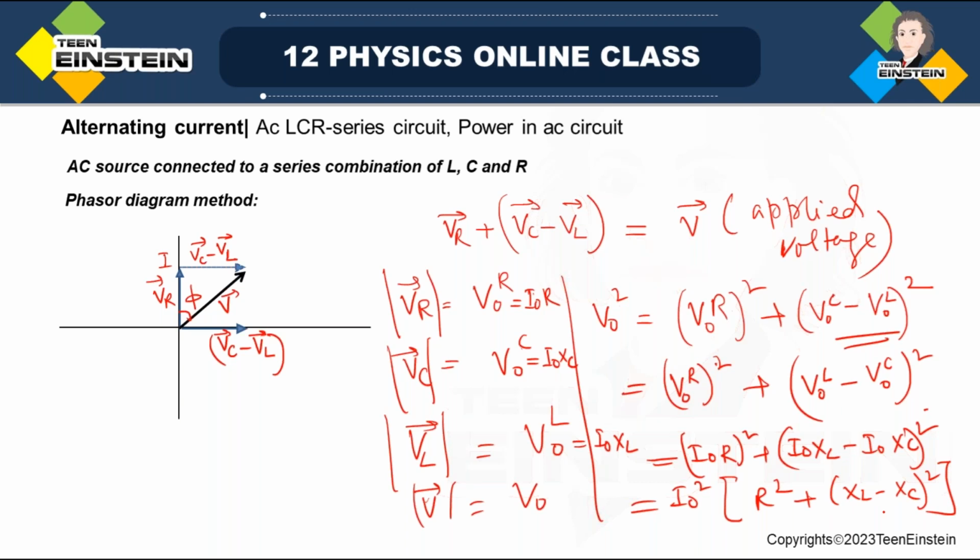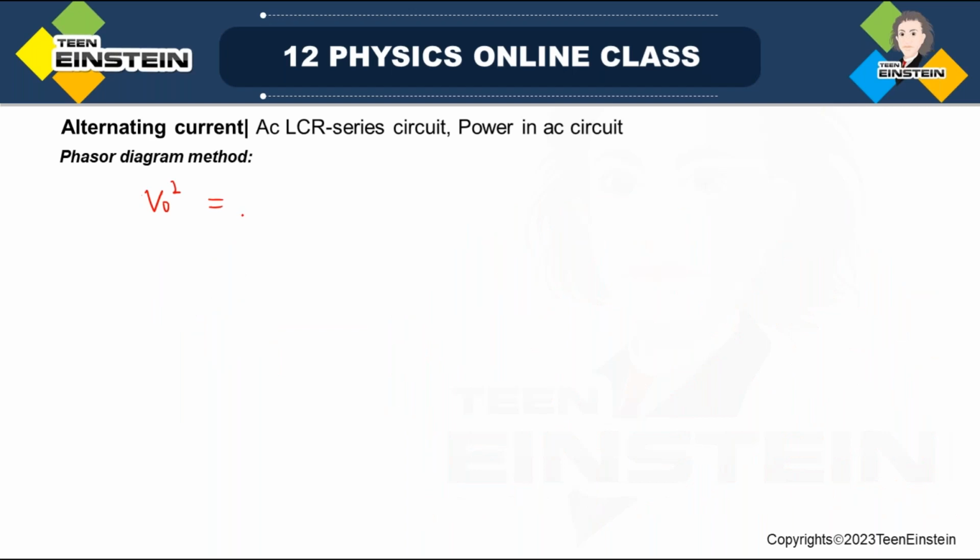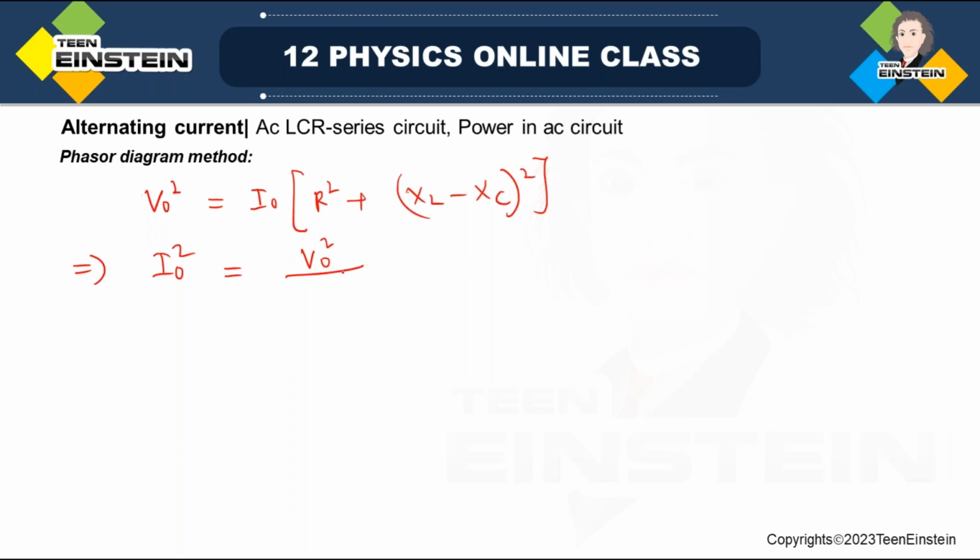So see what we get. V0 square, I'll write once again what we have got. So from here I can get I0 square is equal to V0 square divided by R square plus XL minus XC whole square.